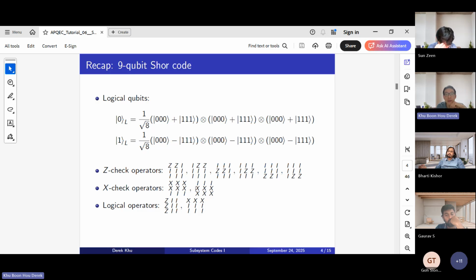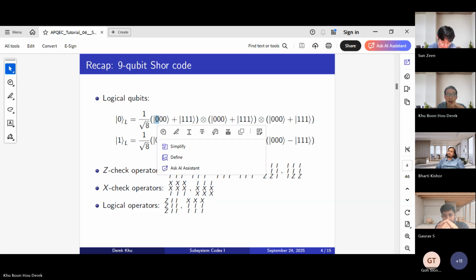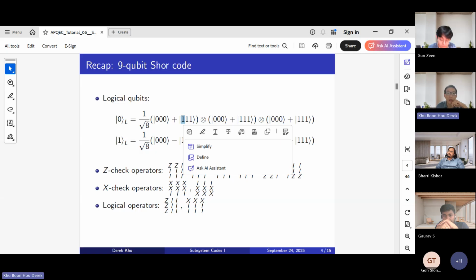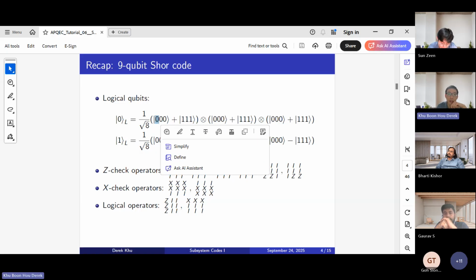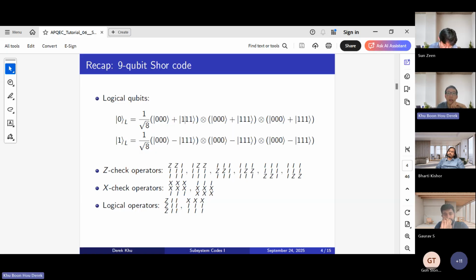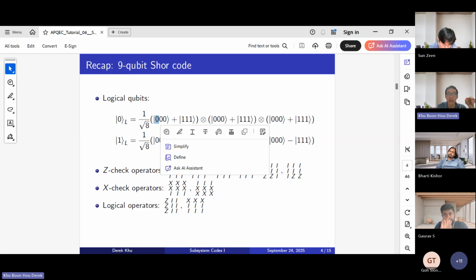We could check this by applying the logical Z operator on the logical 0. So what happens when you apply Z on the logical 0 is that, effectively, Z of 0 is 0. This becomes -1. So Z doesn't change this.